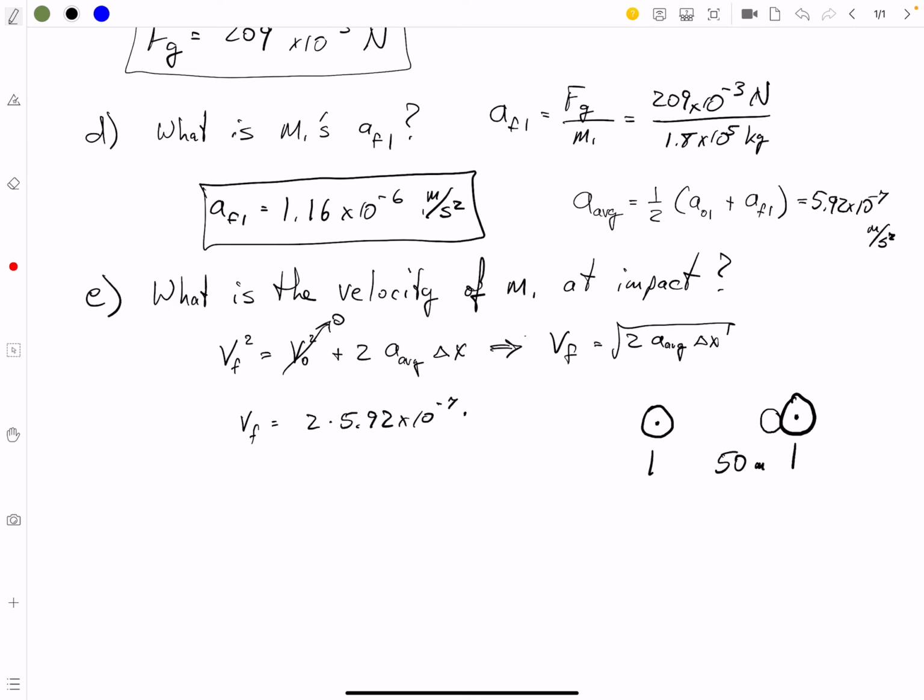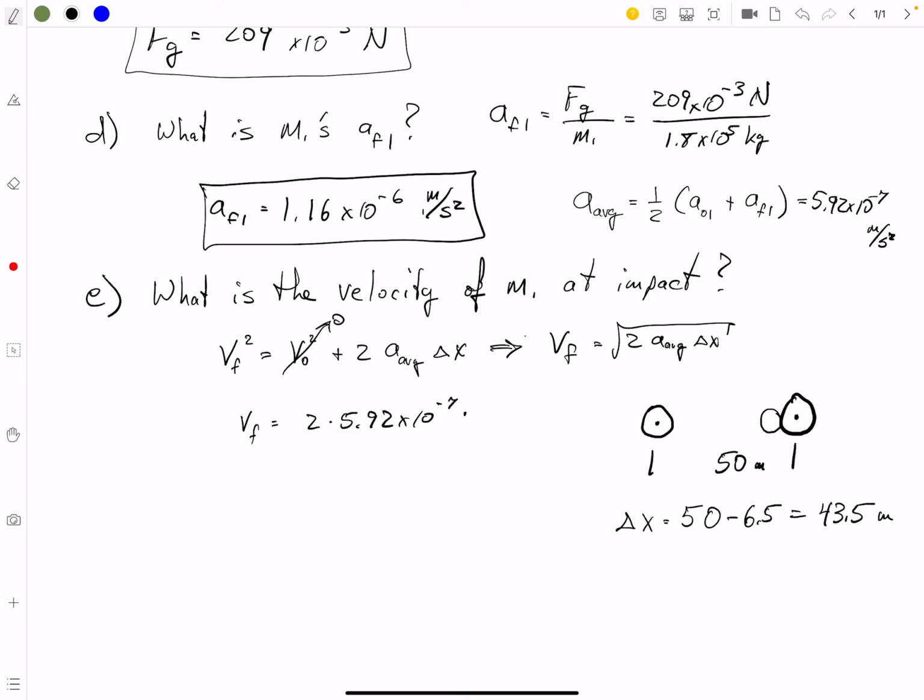They went everything except for that last 6.5 meters. So 50 minus 6.5, 50 minus 7 is 43. So that's 43.5 meters is our delta x. Okay, I hope that makes sense.